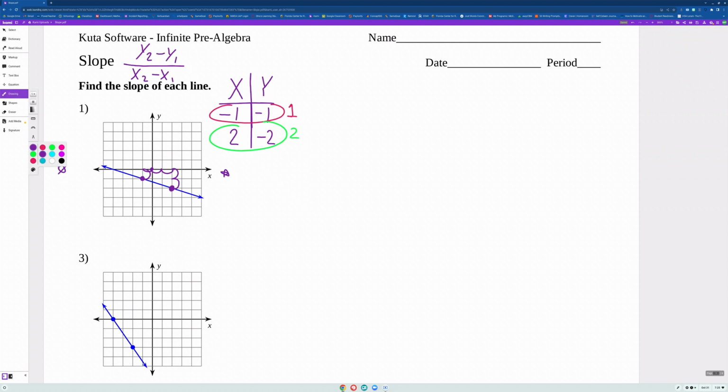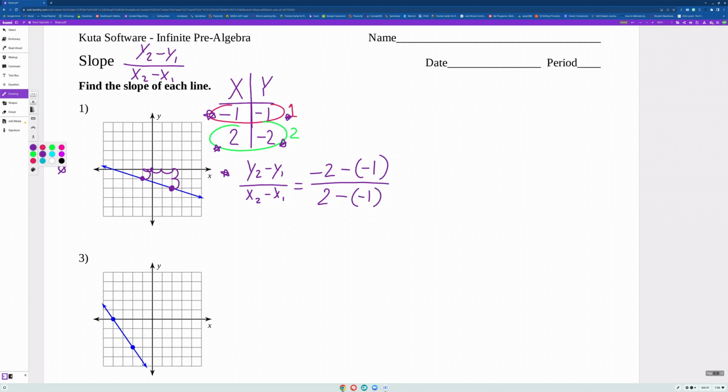So if I'm looking at my equation, y2 minus y1 all over x2 minus x1, when I plug this in, I'm going to use my y2, which is my -2, minus my y1, which is a -1, all over x2, which is my +2, minus my x1, which is going to be -1.